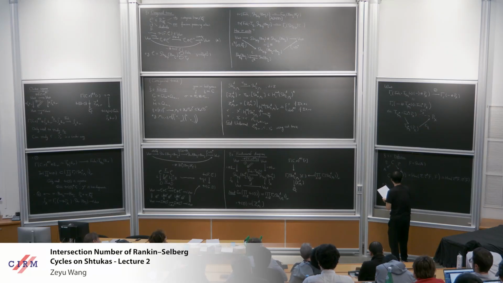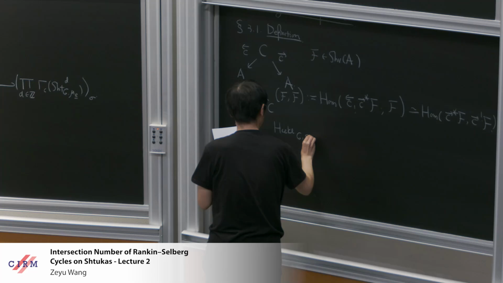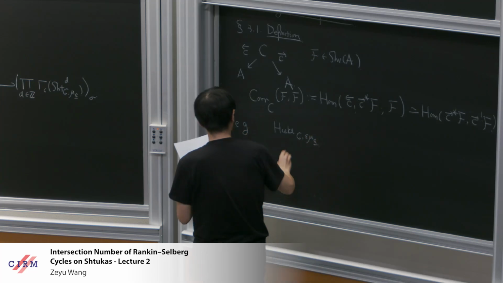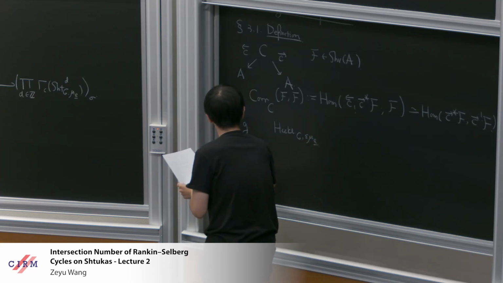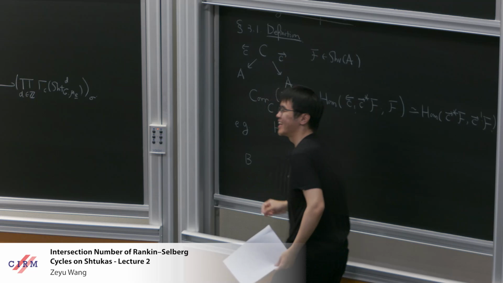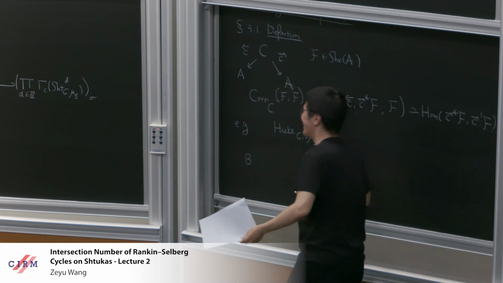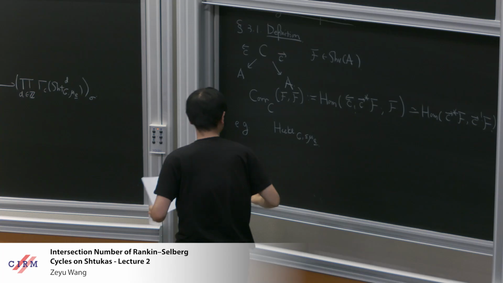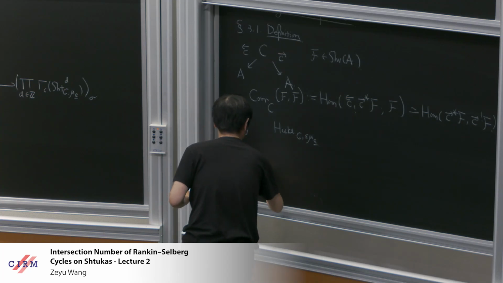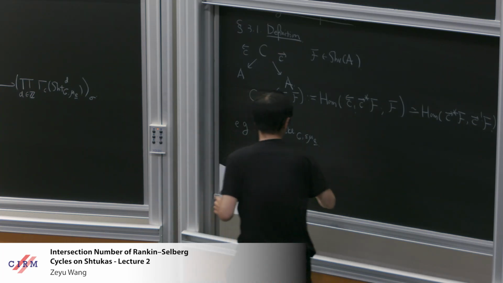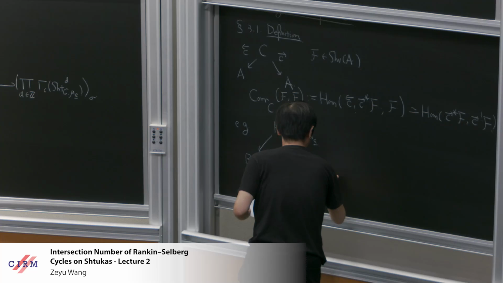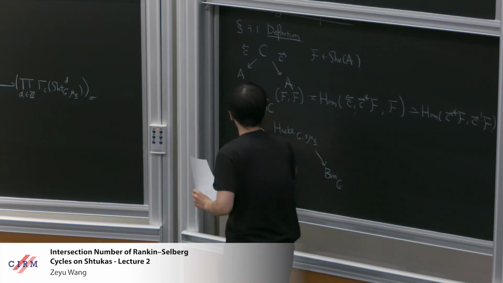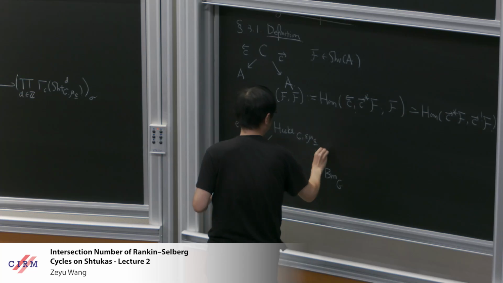So what I have is this Hecke stack. C is for correspondence, and the two maps are given by Hecke left and Hecke right.